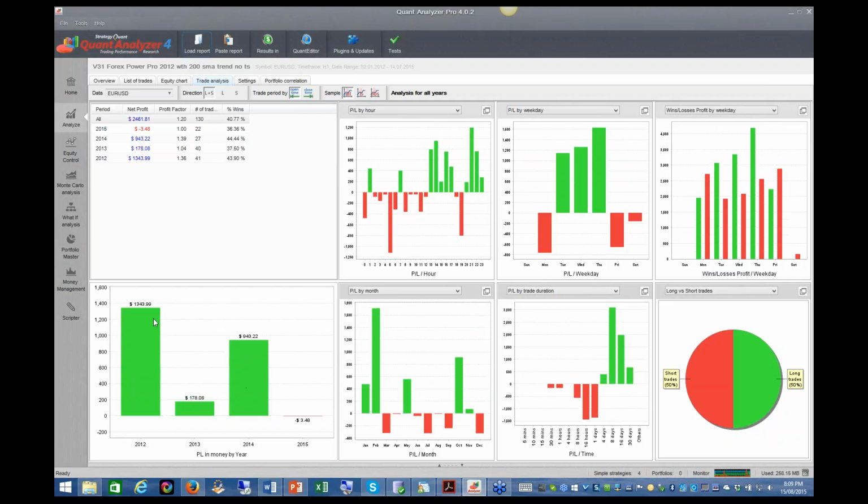If we check that one out, as you can see, we've already made some progress. We certainly become profitable in 2012, but I'm still not very happy with it, because in 2015, after 6 months, we're flat. We can see the hours of the day, which is this one, and there are only certain sections of the day that this strategy is profitable, and it looks like on 3 days, the middle days of the week, it's profitable.